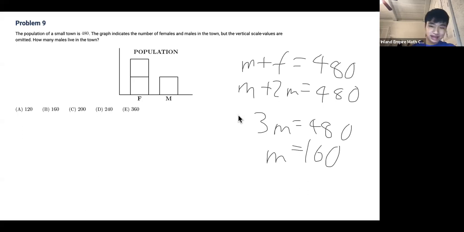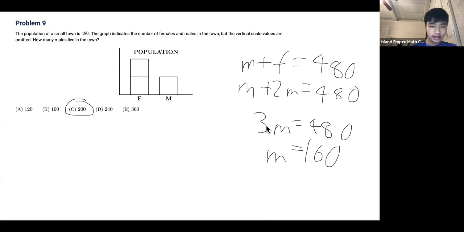But the thing is that we're not exactly sure. However, looking at all the other answers, it just doesn't make sense, right? Because if it was 200, then it would be way more than half. Like, it would be like here, right? And 120 would also be way less.